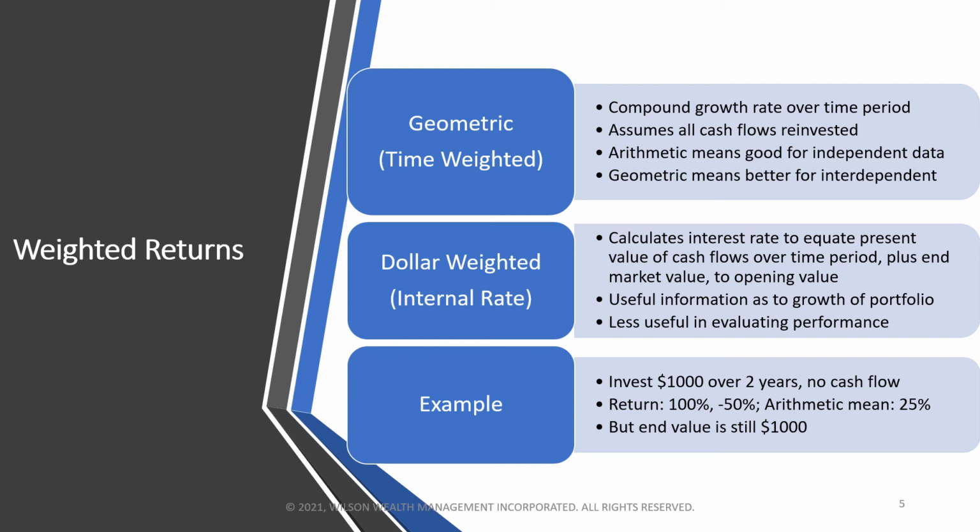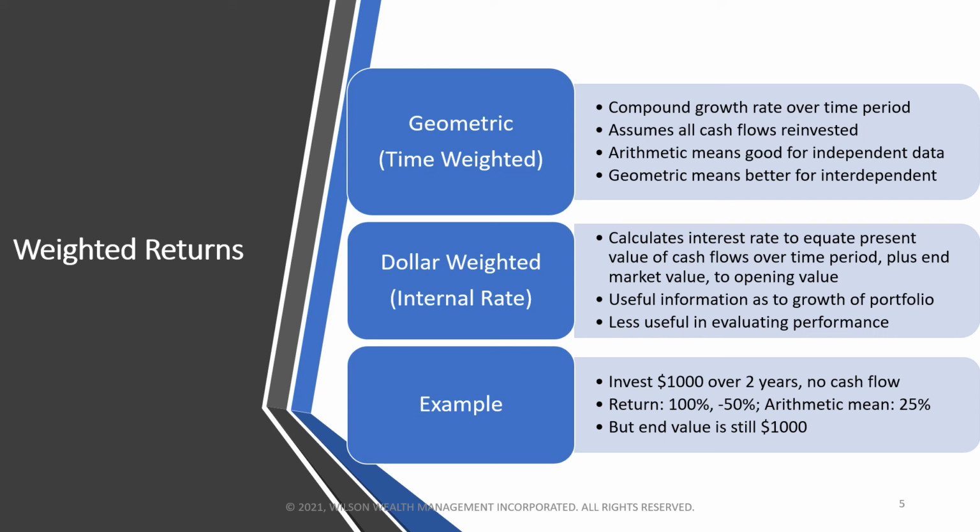That 50% is interdependent on what I did in year one. If I had only returned 50% in year one and had gone up to 1,500, that 50% loss is now $750, not 1,000. So what you did in the past reflects what you do in the future as far as investment returns.